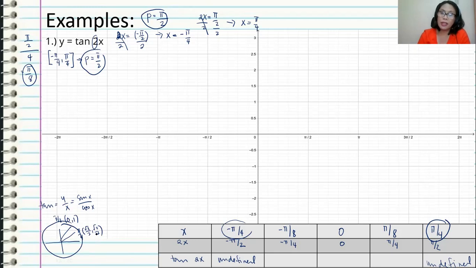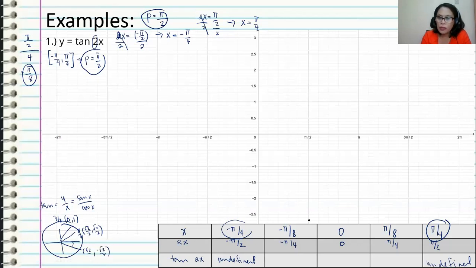Then we want to evaluate tangent negative pi over 4 this time, so that involves a negative value. So if it's negative pi over 4, this will rotate clockwise. This is equivalent to pi over 4 with coordinates equal to square root of 2 over 2 all over negative square root of 2 over 2.